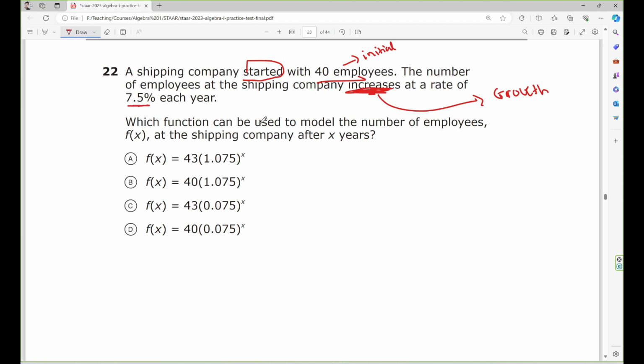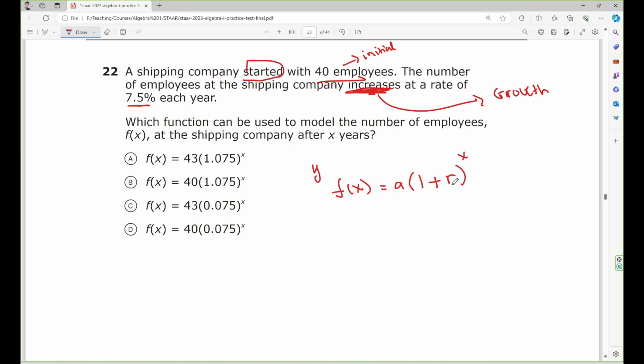Which function can be used to model the number of employees f(x) at the shipping company after x years? Alright, so the growth function is going to be y, f(x) equal a times 1 plus r to the x right here.